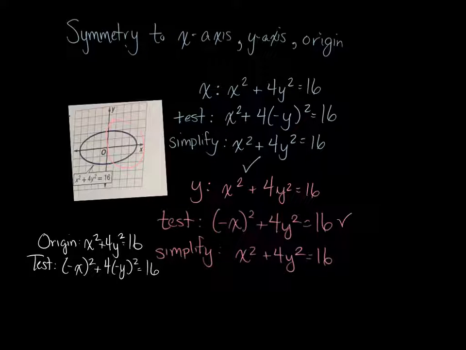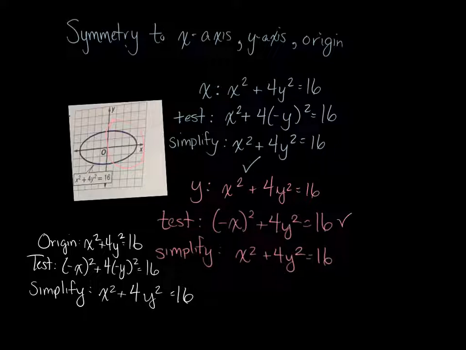And then to simplify it, negative x squared simplifies to x squared. 4 times the negative y squared is just 4y squared and equals 16. So it looks like by doing that, even with putting in the opposite x value and the opposite y value, we still get the same equation that we started with. So that means we are symmetric to the origin.